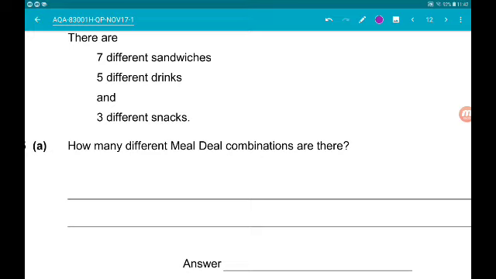When you're doing combinations like this, you just multiply the numbers together. So, 7 times 5 times 3. 7 times 5 is 35. 3 times 30 is 90. 3 times 5 is 15.